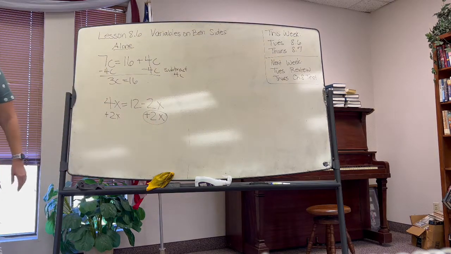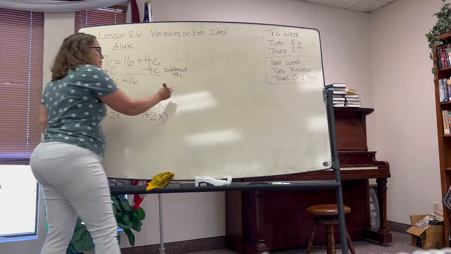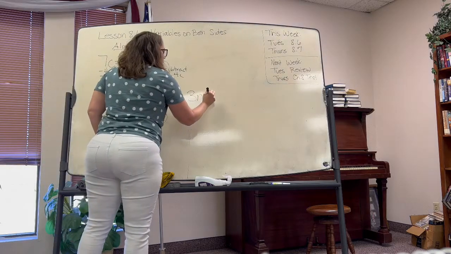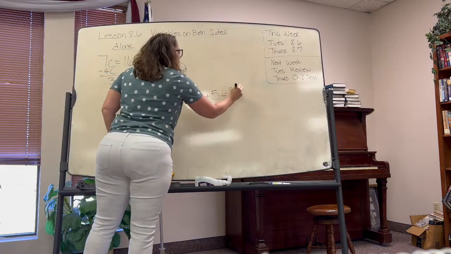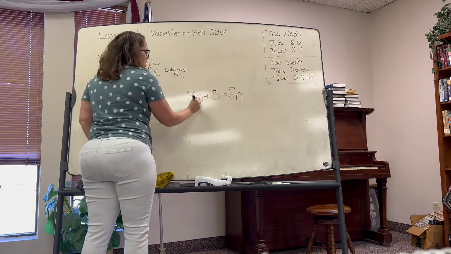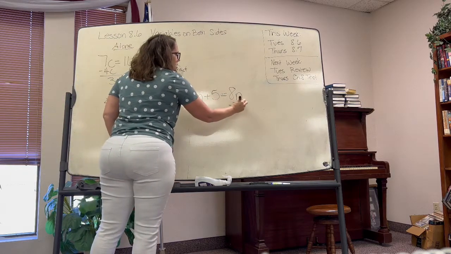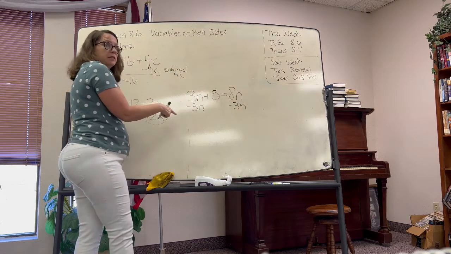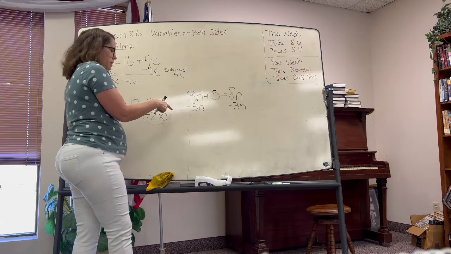Okay, so number 3, what would you do on both sides? So this one's a little bit maybe different. Is it minus 3n? Right, so they want the n's by themselves, so I'm gonna move the 3n over here to get them by themselves. So it would be subtract 3n or minus 3n.